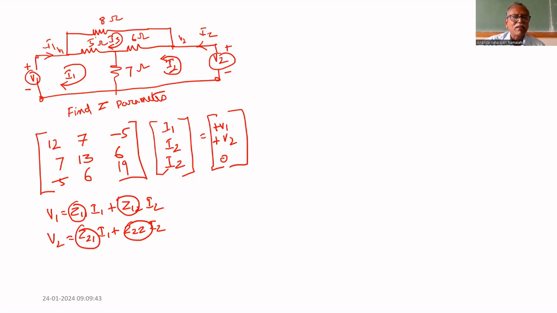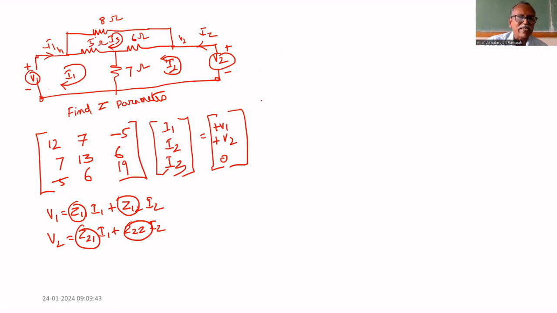That's why let us take the first equation: 12 I1 plus 7 I2 minus 5 I3 equal to V1. Second equation, 7 I1 plus 13 I2 plus 6 I3 equal to V2. Third equation, minus 5 I1 plus 6 I2 plus 19 I3 equal to 0.